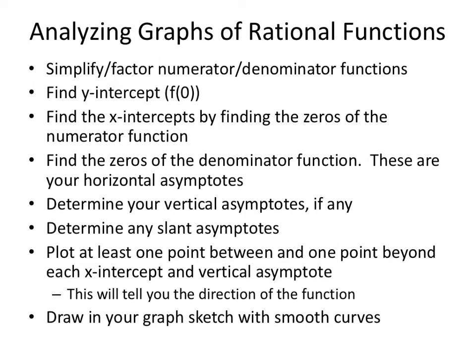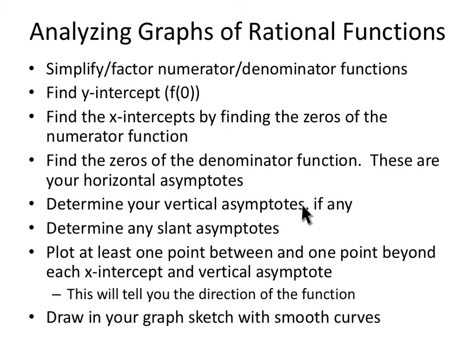The zeros of the denominator function are going to be our vertical asymptotes. And then for our horizontal asymptotes, we're going to use those horizontal asymptote rules and determine if we have any slant asymptotes, because we could have something like that, right?